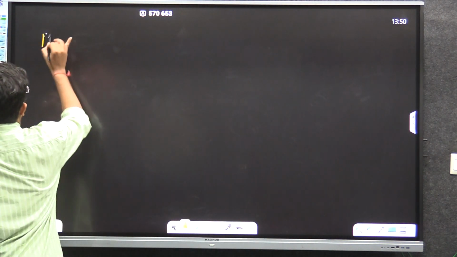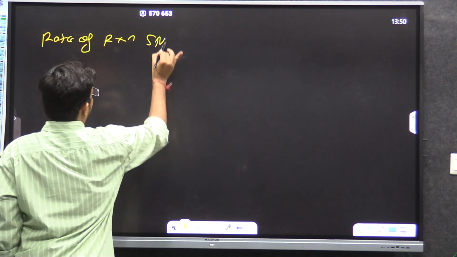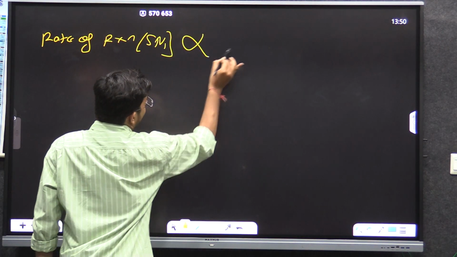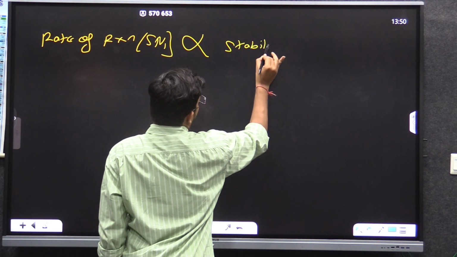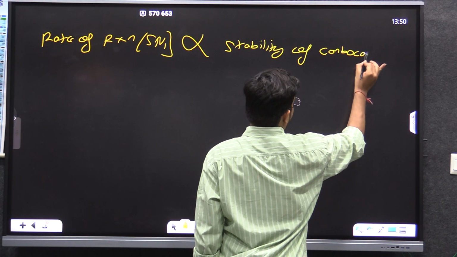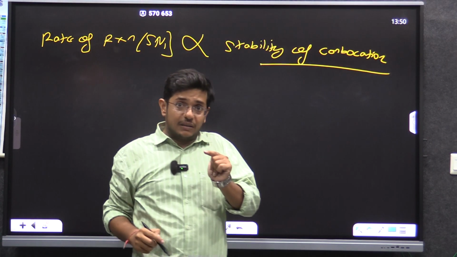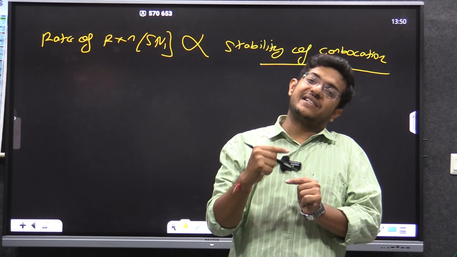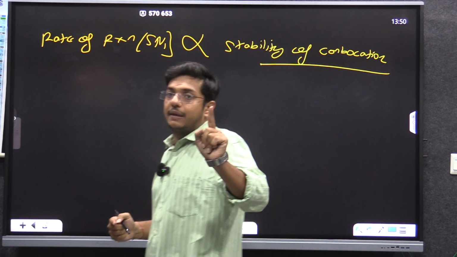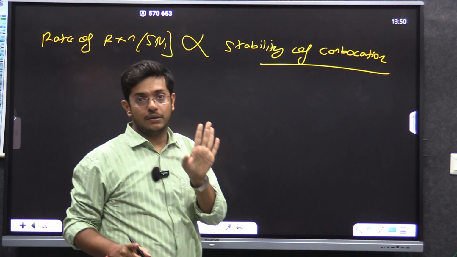That is, the rate of reaction for SN1 is directly proportional to the stability of the carbocation. My dear, any factor which increases the stability of the carbocation will increase the rate of the SN1 reaction.